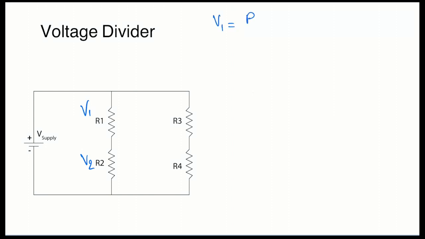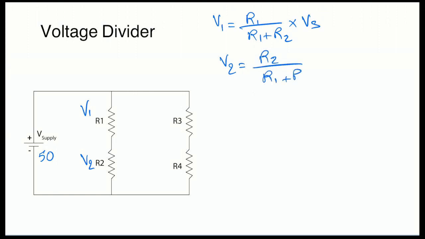V1 equals R1 over R1 plus R2 multiplied by Vs. In this case, we said Vs is 50. All right, and we're going to repeat the same. V2 equals R2 divided by R1 plus R2 multiplied by Vs.